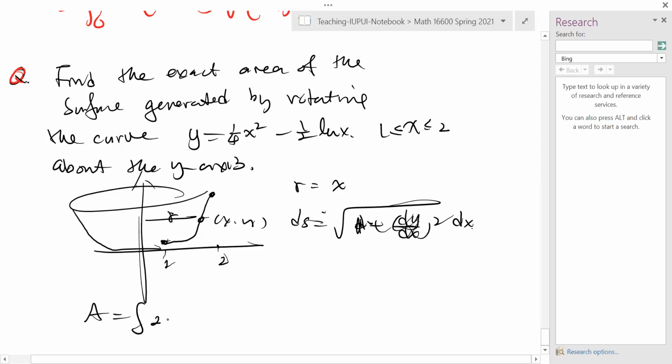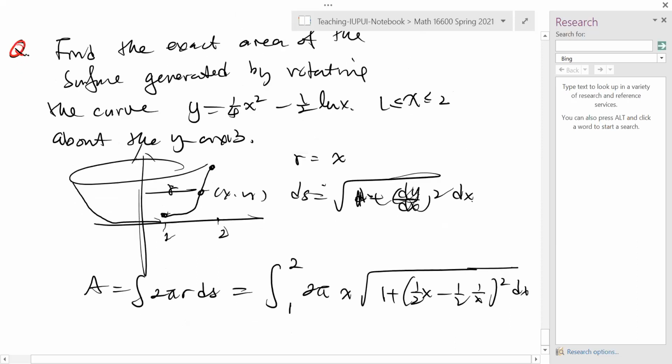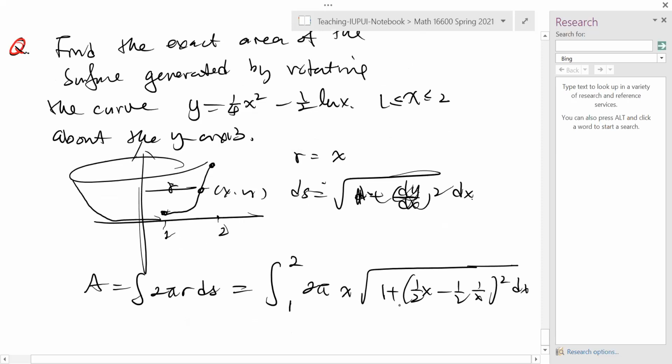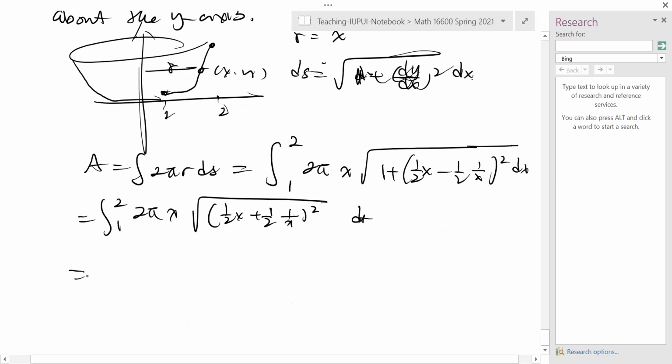So the area is going to be the integral of 2 pi r ds. This time I use the x variable from 1 to 2. What is r? r is x, so that's good enough. So that's 1 plus, then you differentiate y with respect to x. It's half of x minus half of 1 over x squared, dx. Okay. I can tell that this immediately will be 1/2 of x plus 1/2 of 1 over x squared. Minus becomes plus. And then you can get rid of the radical.